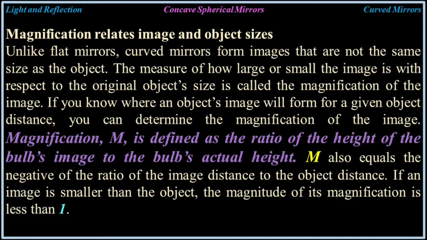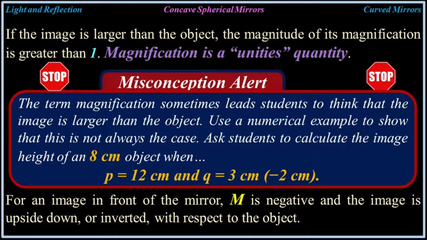If an image is smaller than the object, the magnitude of its magnification is less than 1. If the image is larger than the object, the magnitude of its magnification is greater than 1. Magnification is a unitless quantity. The term magnification sometimes leads students to think that the image is larger than the object.